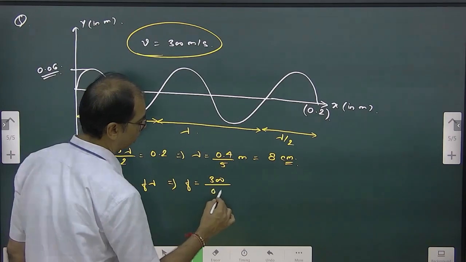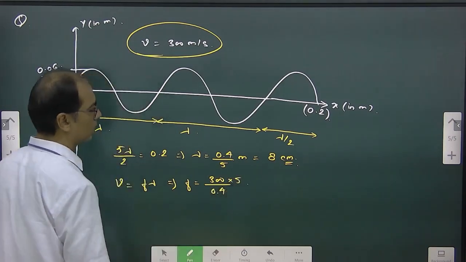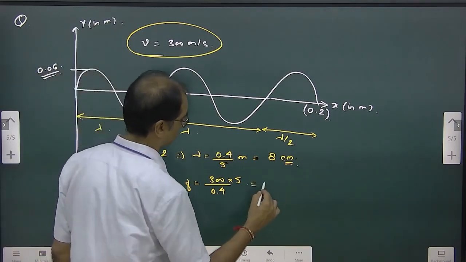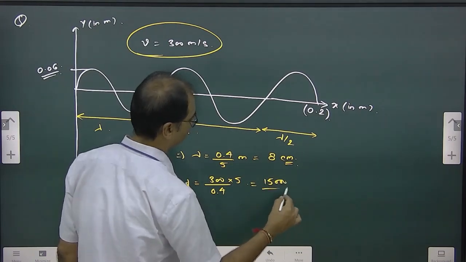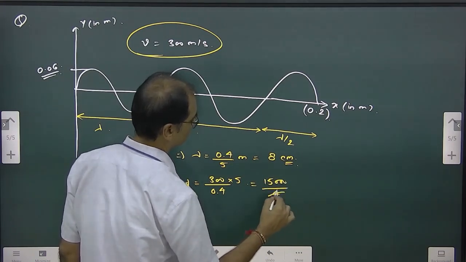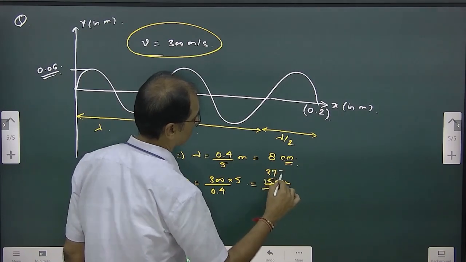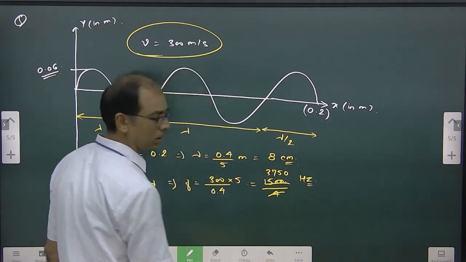You can keep it in that way. How much is coming? 15,000 by 4. Okay, 3750 hertz.